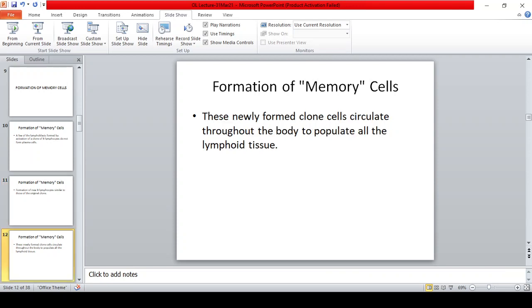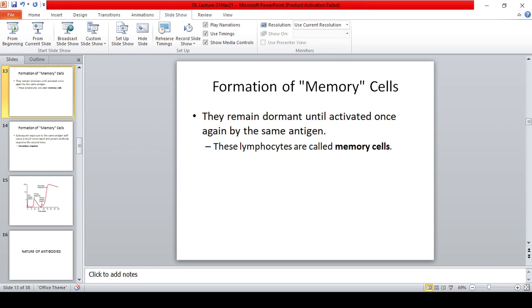Now these newly formed clone cells circulate throughout the body to populate all the lymphoid tissue, and then they remain dormant until they are once again activated by the same antigen.